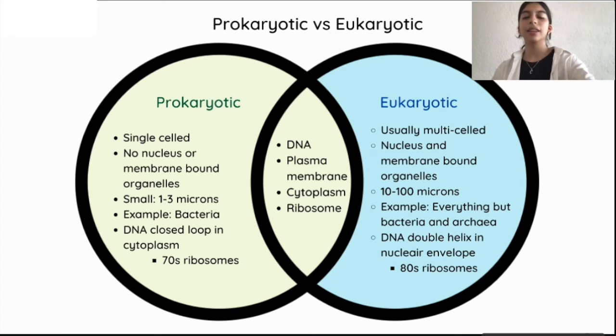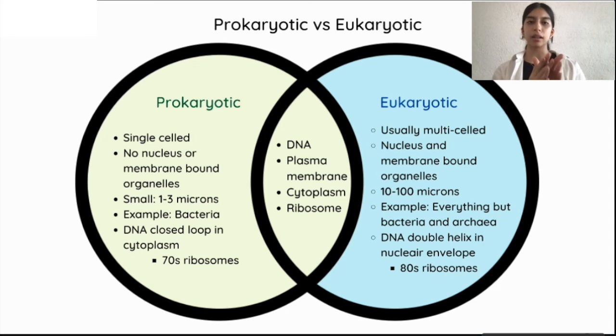Finally, let's see a comparing chart, a Venn diagram about the prokaryotic cells and the eukaryotic cells. So first of all, the prokaryotic cells are single-celled organisms, while the eukaryotic cells are usually multi-celled.